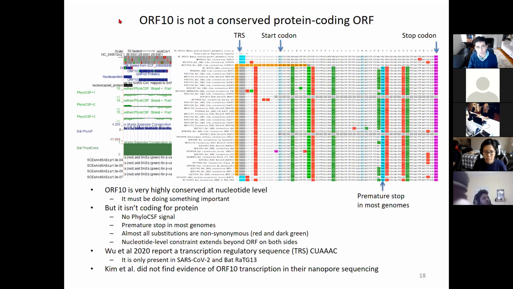And what we're finding is that, for example, this ORF10 that has been annotated as protein coding is in fact in a perfectly conserved or a nearly perfectly conserved region, which shows very strong nucleotide level constraint. And the reason for that nucleotide level constraint is that it overlaps an RNA structure. But in fact, you can see that it has an internal stop codon and it has multiple disruptive substitutions here.